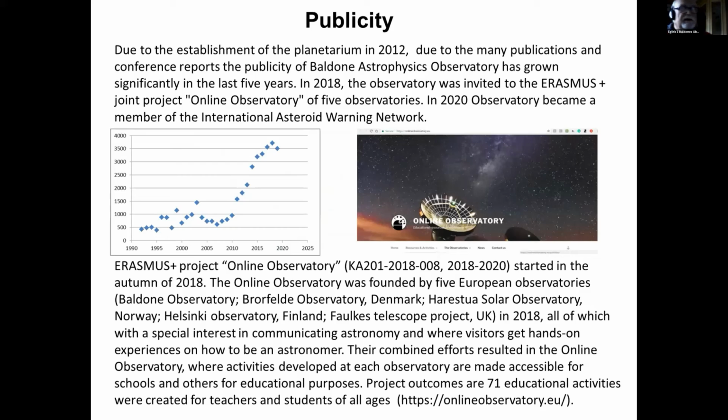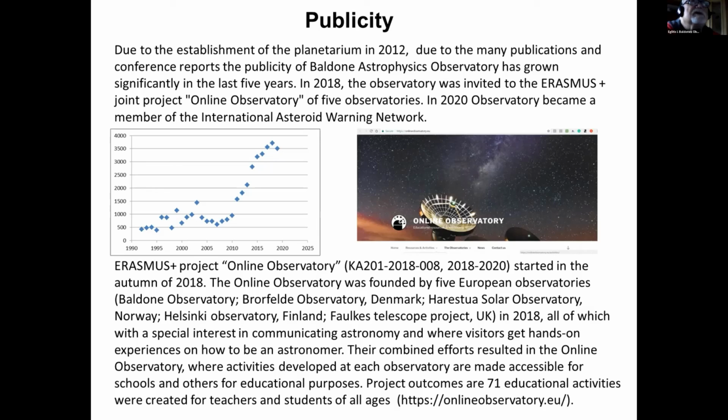At the end, I will say some words about the publicity. Due to the establishment of the planetarium in 2012, and many publications and conference reports, the publicity of the Astrophysical Observatory has grown significantly.